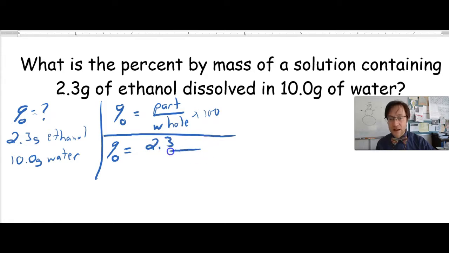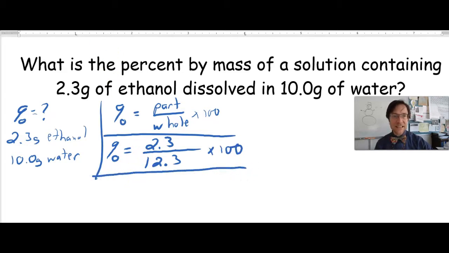And then we have to find the mass of the whole thing, not just 10, because 10 is just the water. We need the mass of the whole thing, right? So the mass of the whole thing is actually going to be 12.3, times 100.